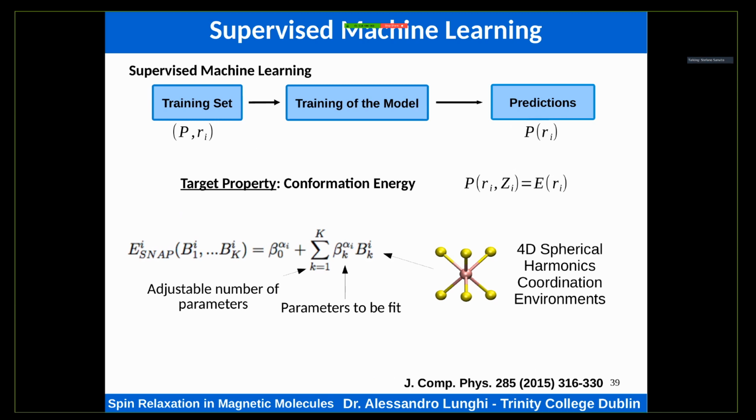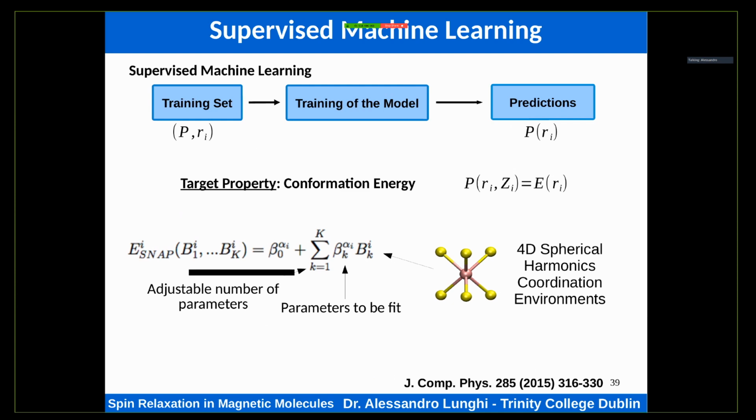There is another question from Michael Craig: what is the maximum value of k to get a minimal error in the SNAP? In principle, you can increase k to infinity, and in that case you would keep increasing the number of parameters, and if you also increase the number of structures in the training set, you can reach whatever small value of error that you want.